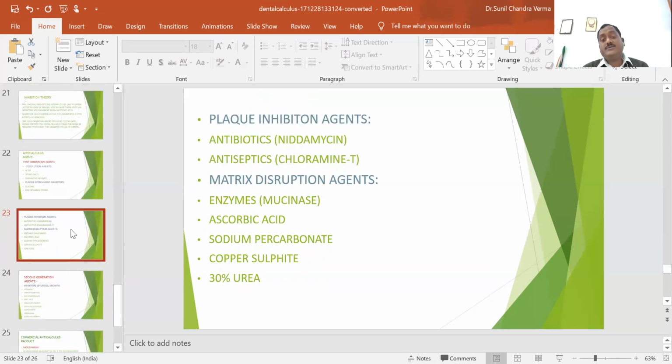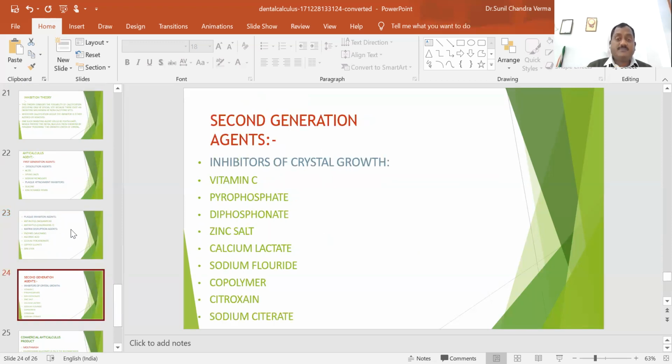Plaque inhibition agents are antibiotics, especially neomycin, and antiseptics like chloramine T. Matrix disruption agents are enzymes like mucinase, ascorbic acid, sodium percarbonate, copper sulfate, and sulfite, and 30% urea. These are the plaque dissolution agents or calculus dissolution agents.